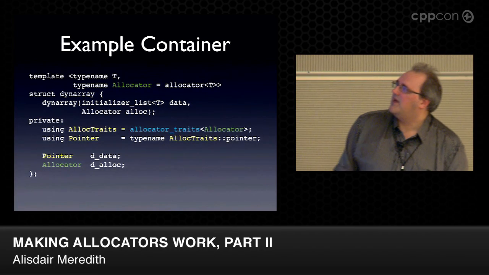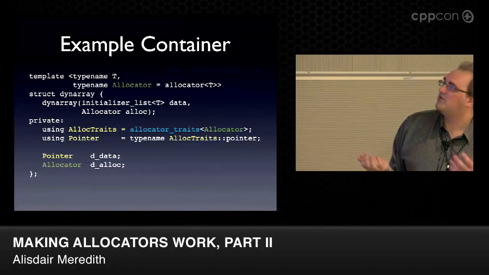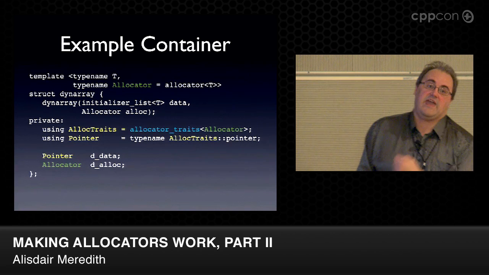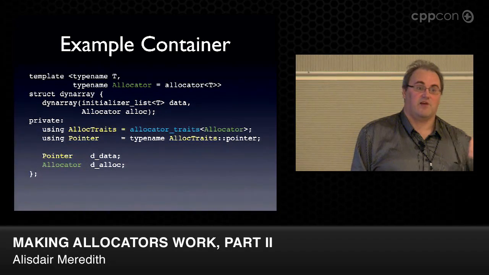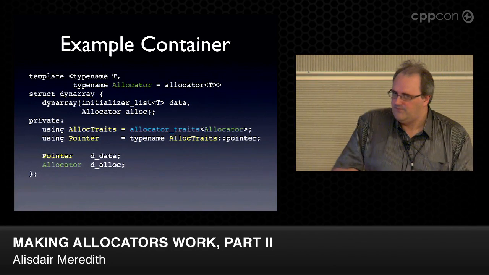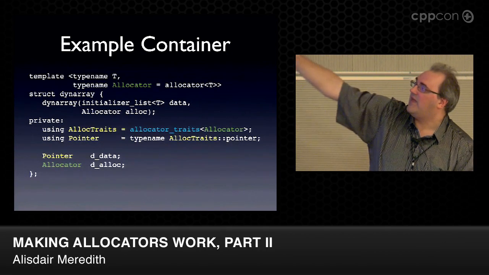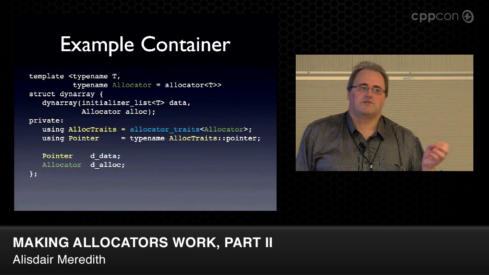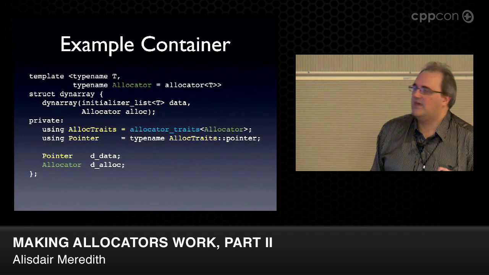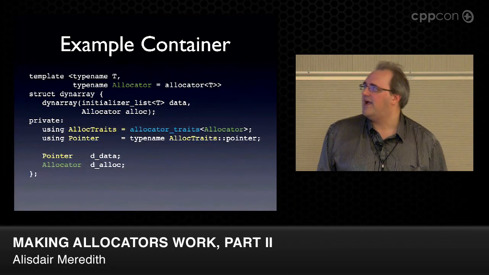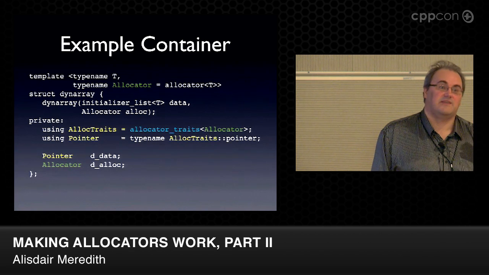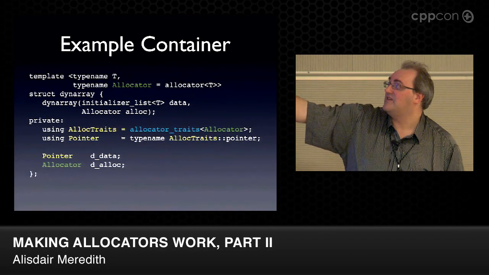Implementing it, we look at the private parts. First thing we're going to do is create an alias for the allocator traits, because we'll be using the allocator traits an awful lot through the various methods of this class. So I get the allocator traits of the allocator you supplied me. I also need to know the pointer type, because I'm going to store the pointer that I allocate, and that might not be T star. So now I've got my alias to the allocator traits.